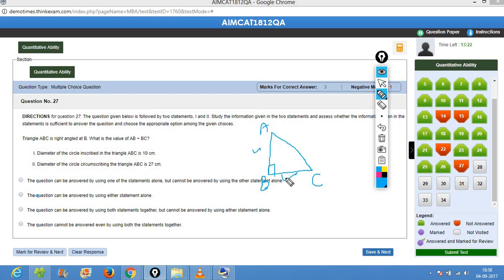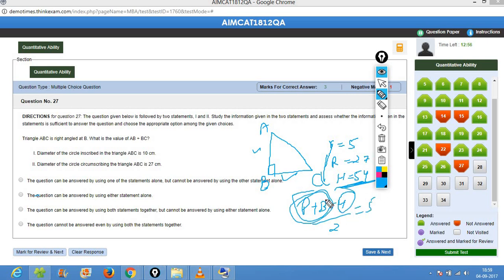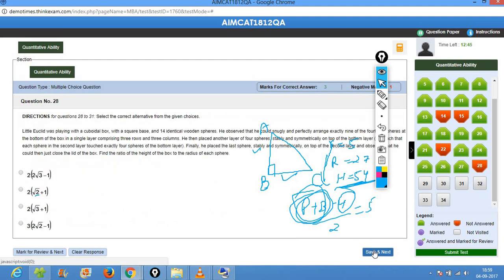The diameter of the circle inscribed in the triangle, that means I know the inradius, which is r equal to 5. The diameter of the circle circumscribed, so I know the circumradius, which is R equal to 27, or I can say that the hypotenuse is equal to 54. So I know the hypotenuse and I know the relation of the inradius, which is P plus B minus H upon 2 is equal to 5. So I would be able to find P plus B easily. So this is possible with the help of combining both the statements, as far as my knowledge.